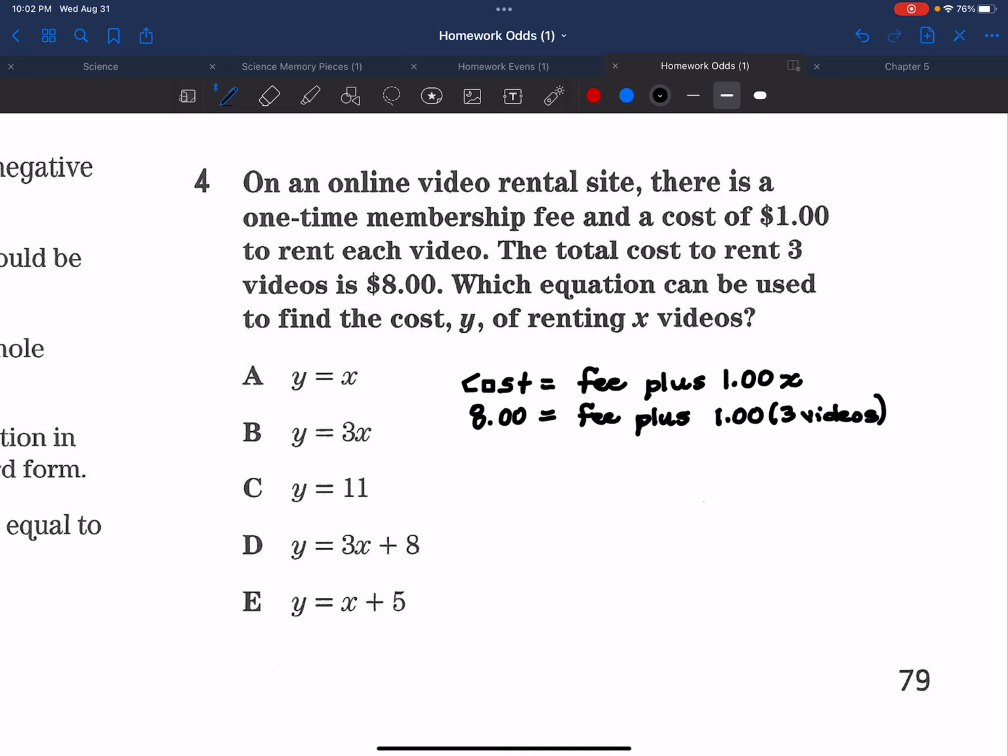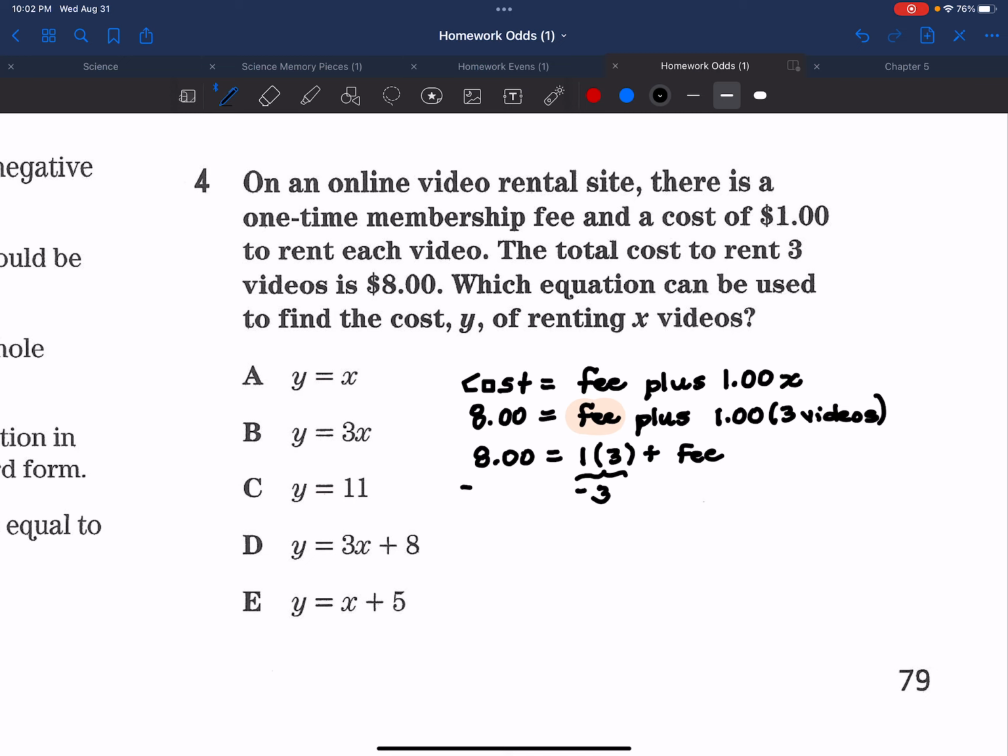So I'm just plugging in what I know. The thing we don't know is the fee. Now, let me rearrange this just a hair to say $8 equals 1 times 3 plus the fee. 1 times 3 is 3.